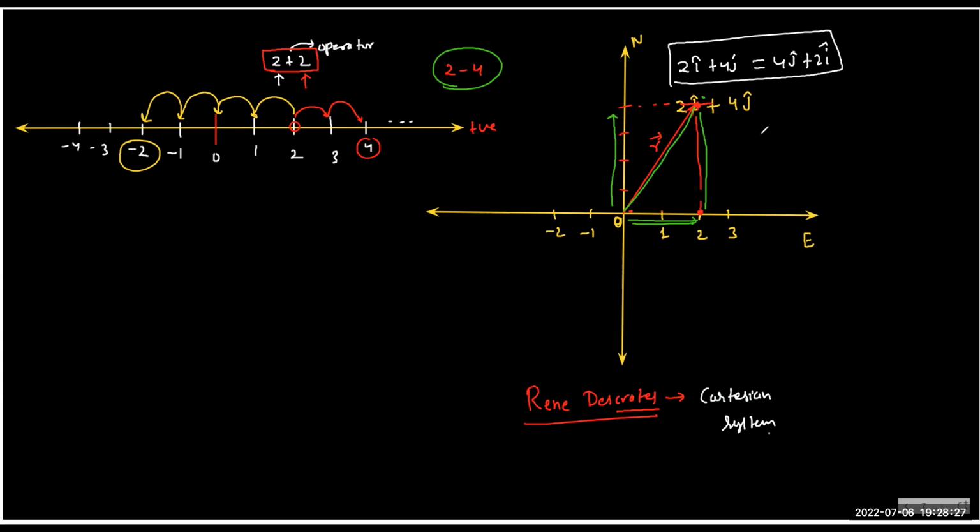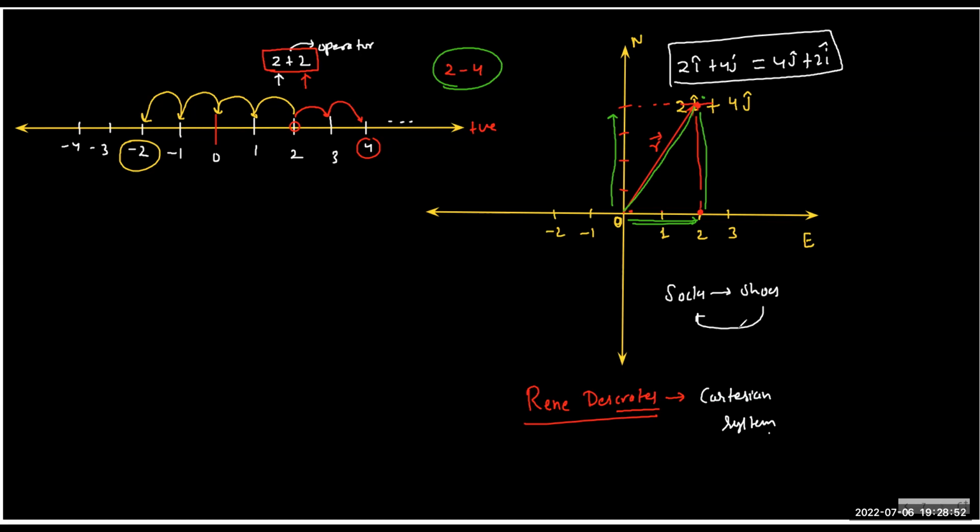Now where the order will matter in our real life, I'll give you an example. Let's say you want to wear shoes. What do you do first? You wear socks and then shoes, or vice versa? Sir, socks then shoes. Okay. So if I reverse the process, what will happen? It's weird.